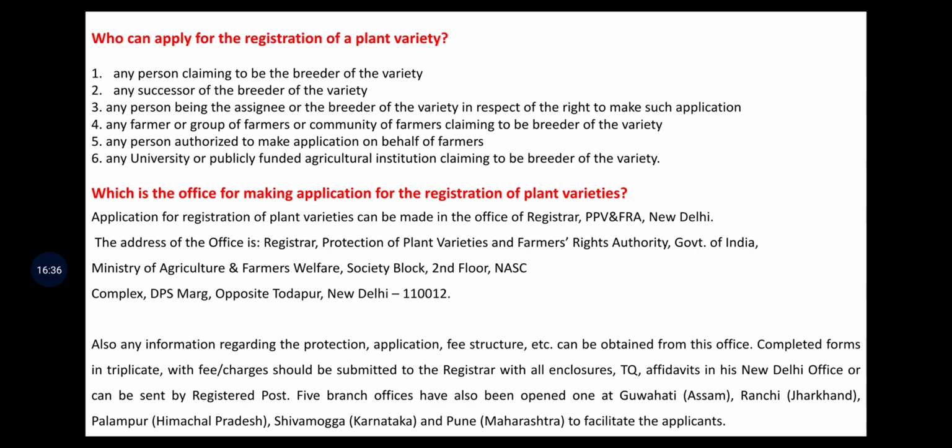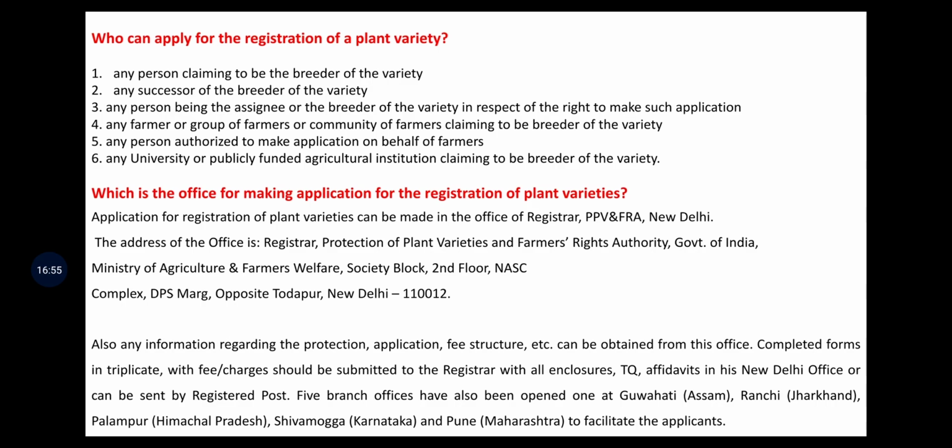Next question is, which is the office for making application for registration of a plant variety? This complete address you must know. Application for registration of varieties can be made to the Office of the Registrar, PPV-FR, New Delhi.